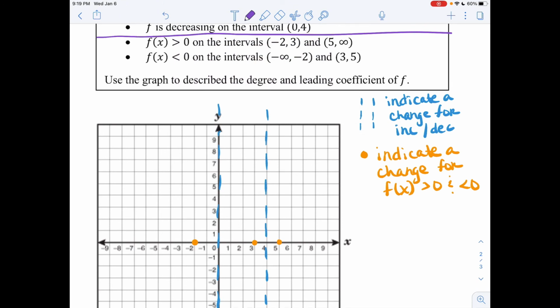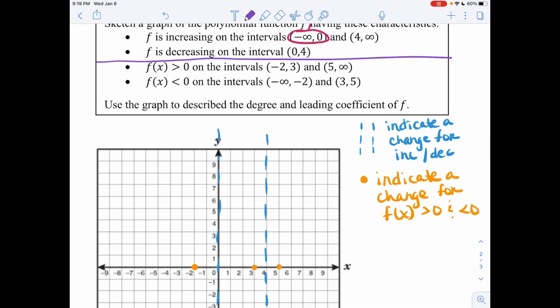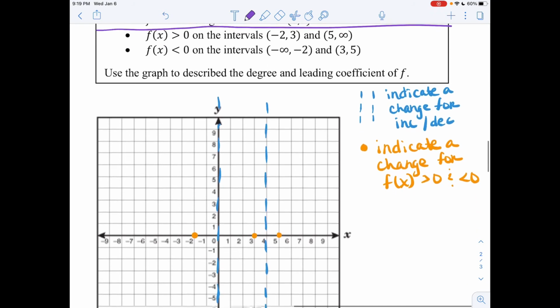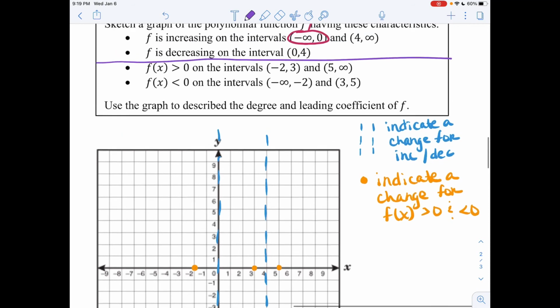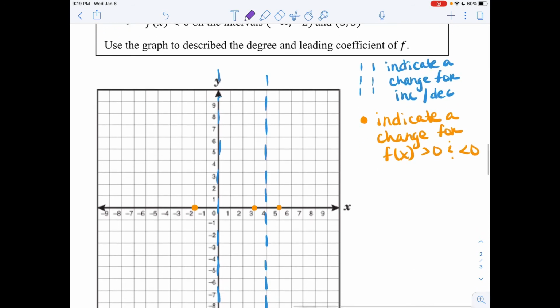Remember, we are decreasing just on the interval between 0 and 4, and then we are increasing. Let's start there, with negative infinity to 0. So from negative infinity all the way to 0, we know that we are increasing, and we also know that we are below the x-axis right up until we get to negative 2. So we want to hit that point as we go along.